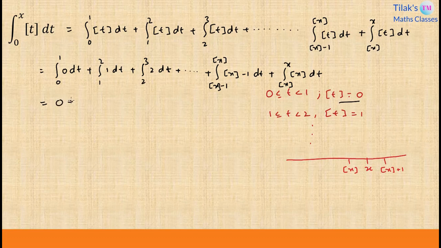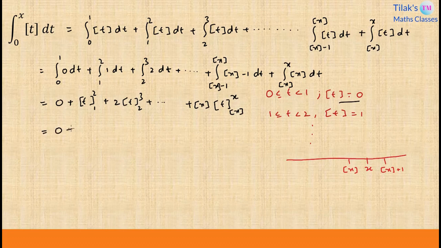equals 0 plus integral of dt is t over 1 to 2 plus 2 times integral dt, which is t over 2 to 3 and so on. The last term will be greatest integer of x into integral dt is t between greatest integer of x to x.